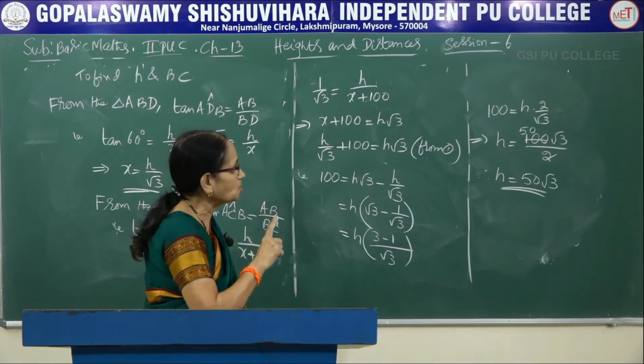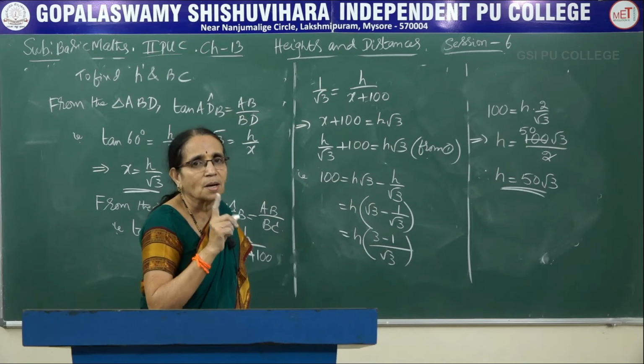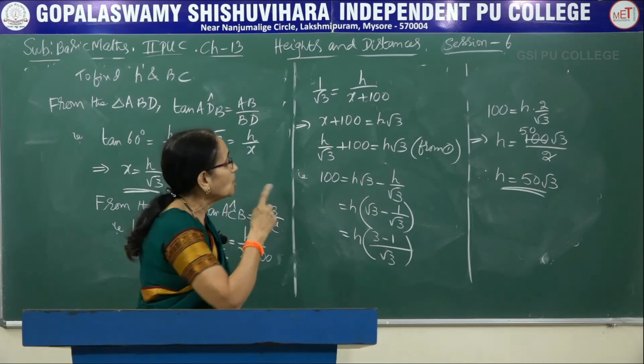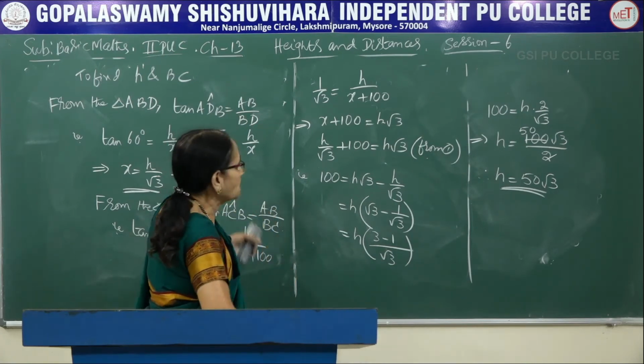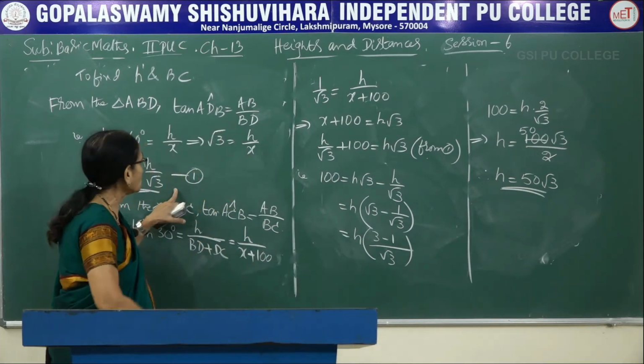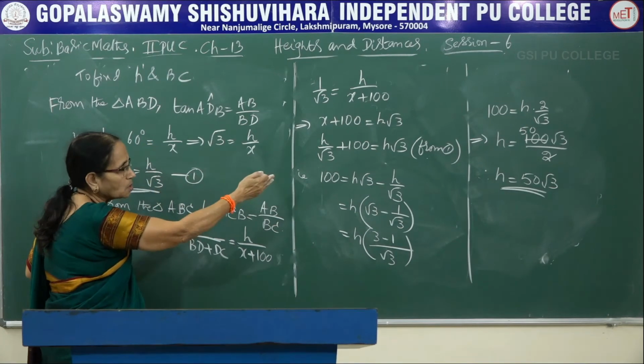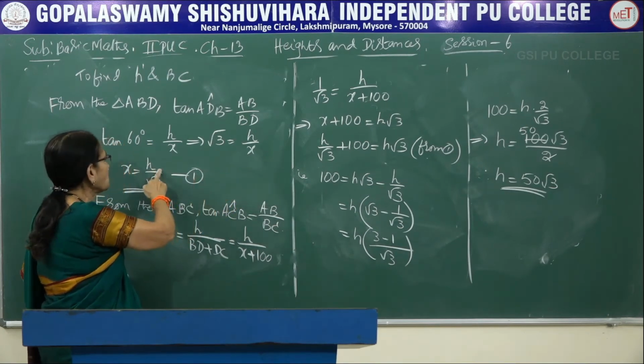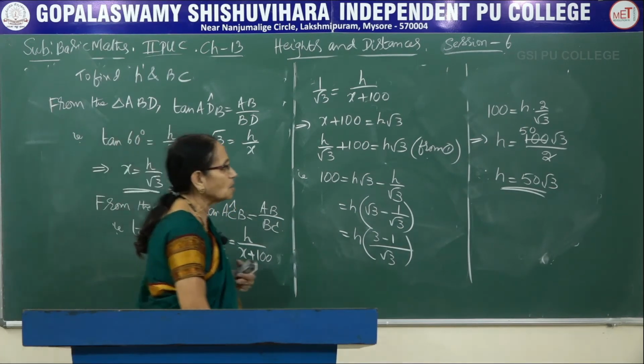But not only this one, we are interested in finding the distance of the first point from the tower here. So h has been calculated. Now come to the result 1. Here we have got the value of h. Write it here so that you will be getting x also.